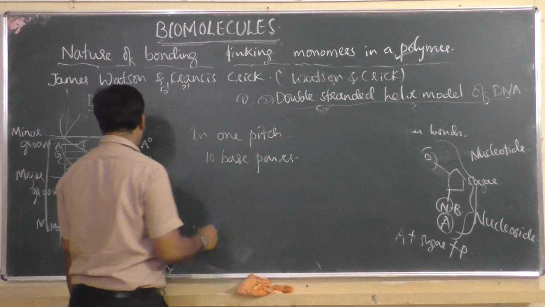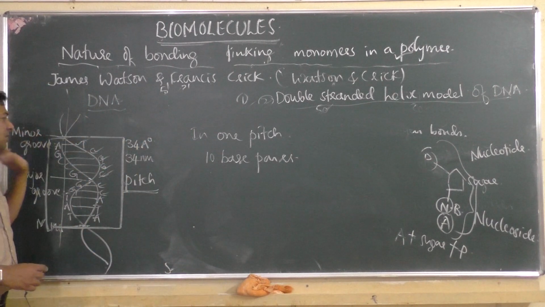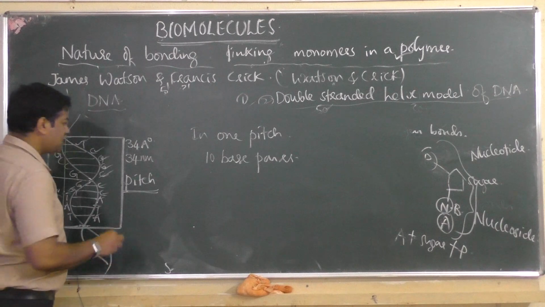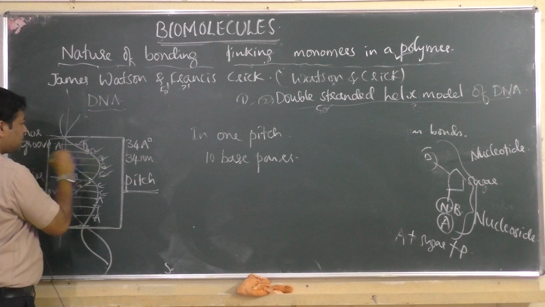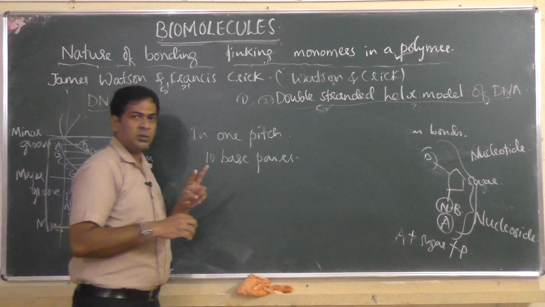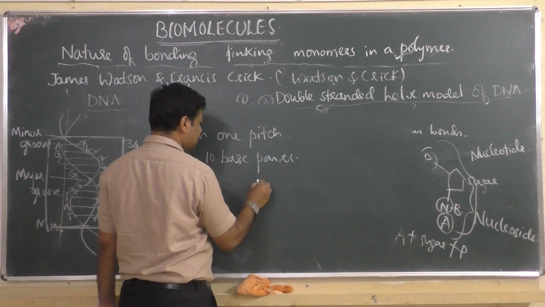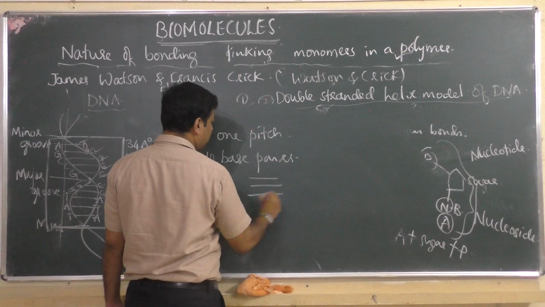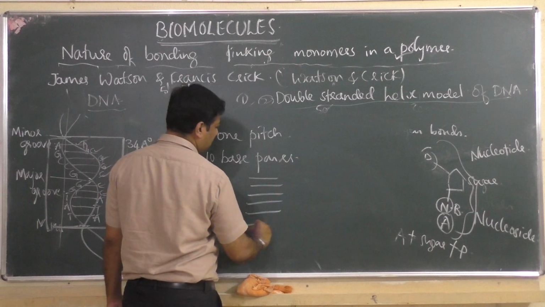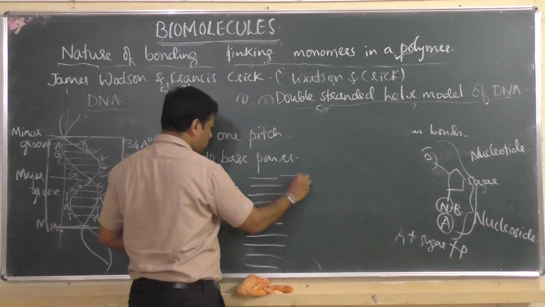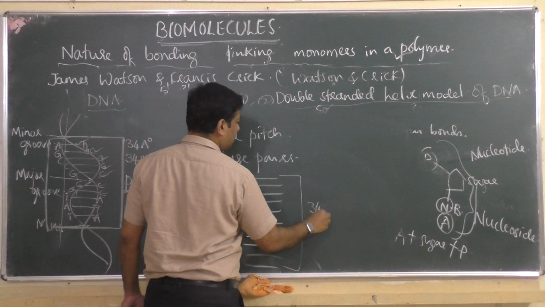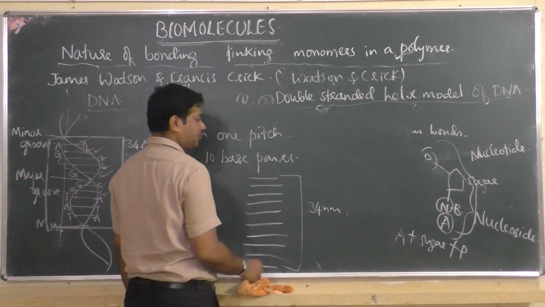Then what is the distance between consecutive base pairs? Consecutive base pair means one base pair and this is the second base pair. What is the distance between these two? Immediate two base pairs, that is consecutive base pairs. Like we are talking about 1, 2, 3, 4, 5 in one, then again 1, 2, 3, 4, 5. I am talking about the total pitch being 34 nanometer.